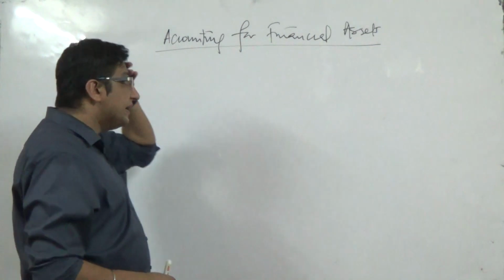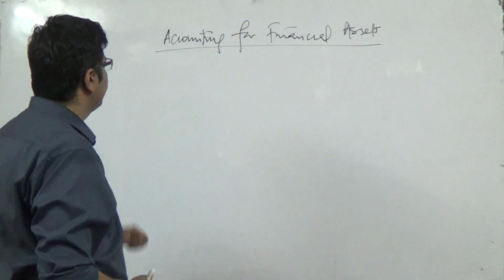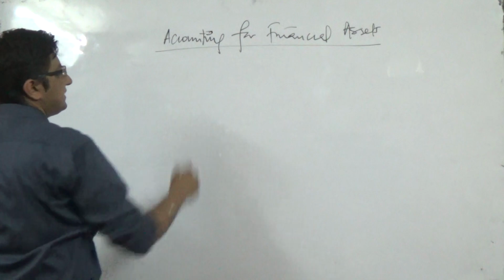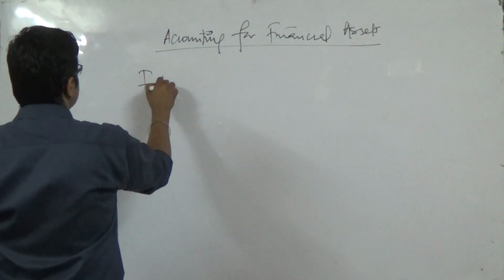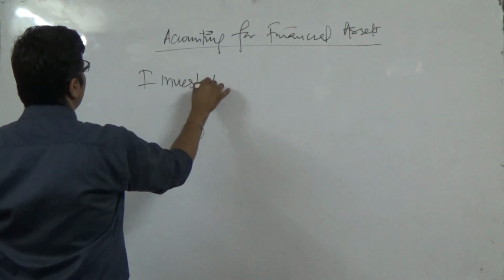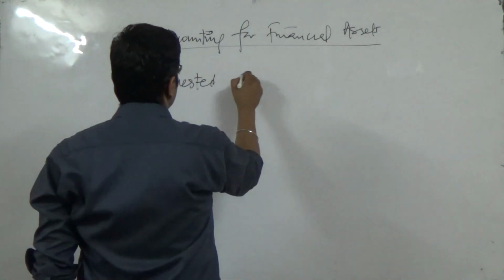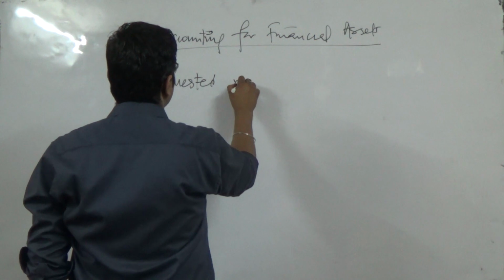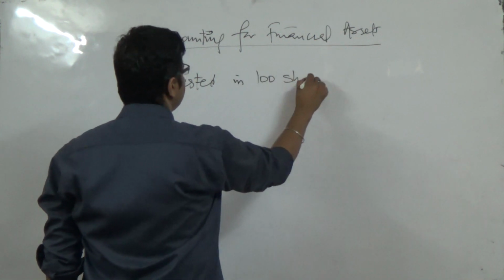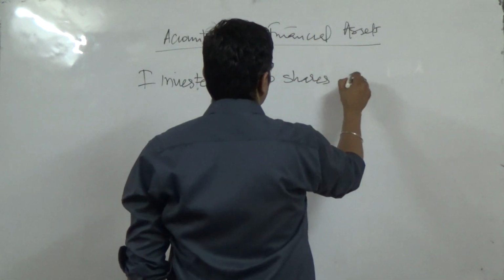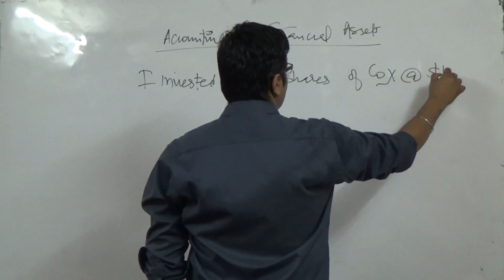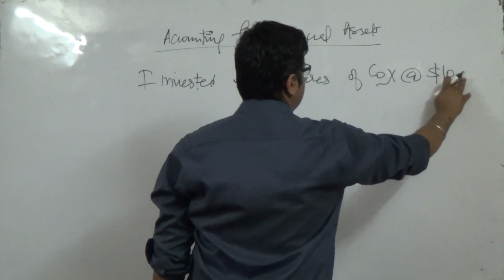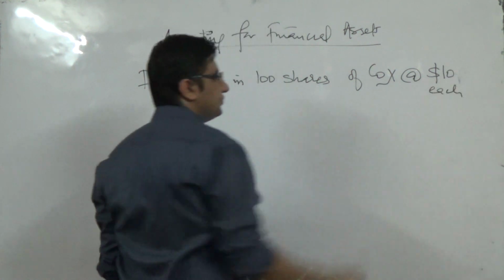The key is that if I have, let us say, a financial asset in my books, let us say that I invested in 100 shares of company X at the rate of $10 each.